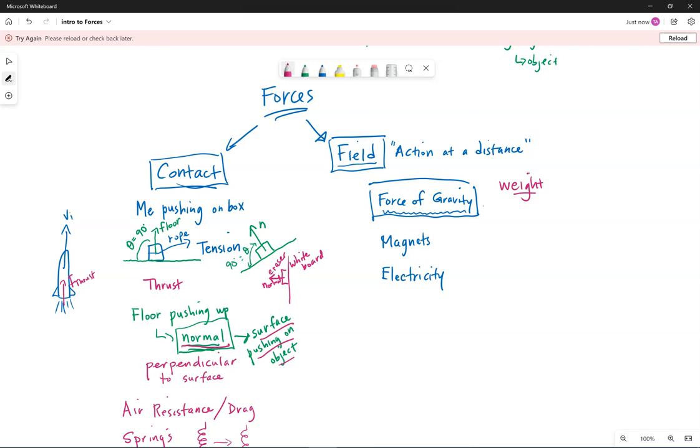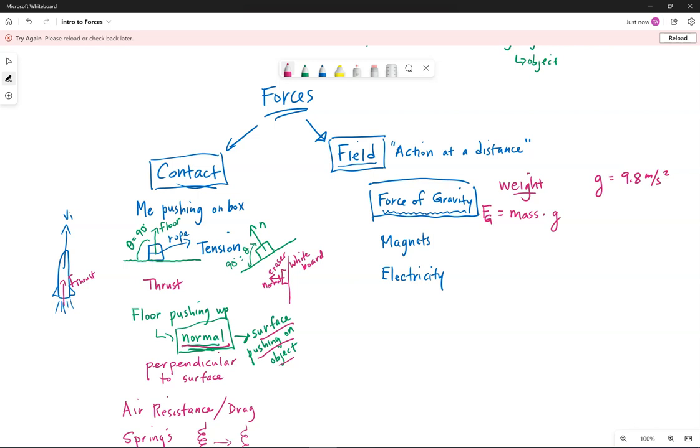So the force of gravity, I'm going to write this as F sub g. It depends upon the mass of the object and the acceleration due to gravity. So again, little g from previous sections means 9.8 meters per second squared.